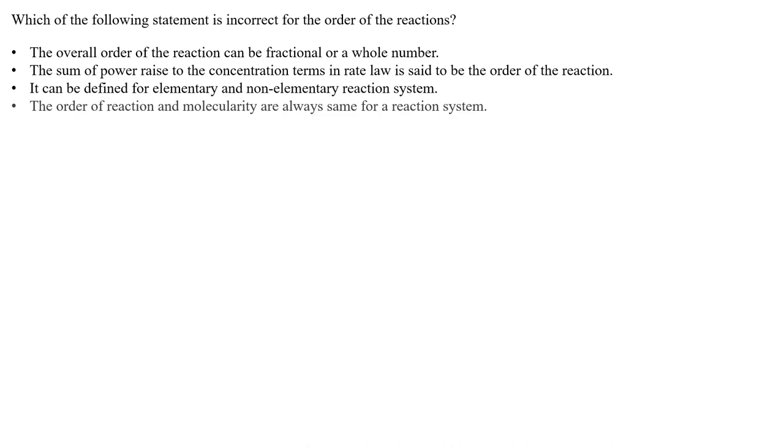And that is the exact reason why a reaction cannot always give you 100% conversion of the reactant to the product. We sometimes have leftover reactant because the molecularity is never the same as the order of the reaction.